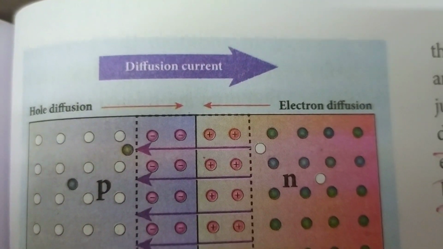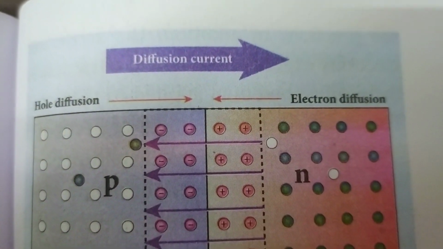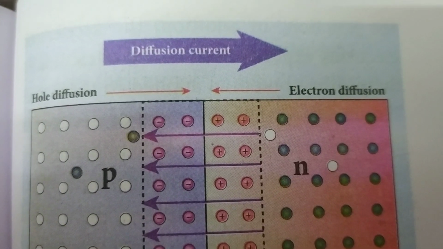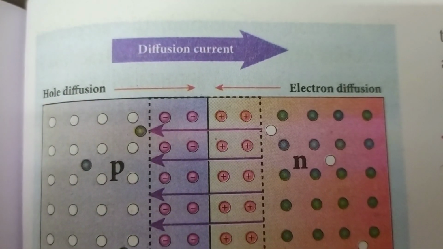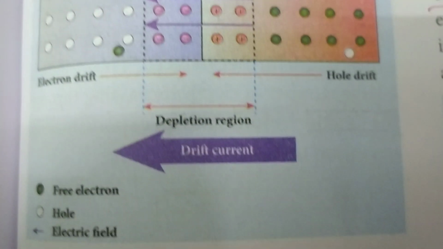This is the diffusion current which moves from P type to N type, that is the conventional current direction, and the drift current is from positive ion to negative ion. You see both of them are opposite in nature, the drift current and the diffusion current.